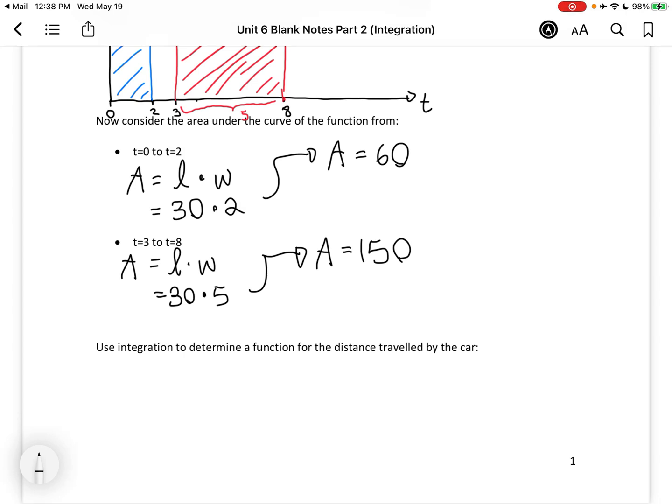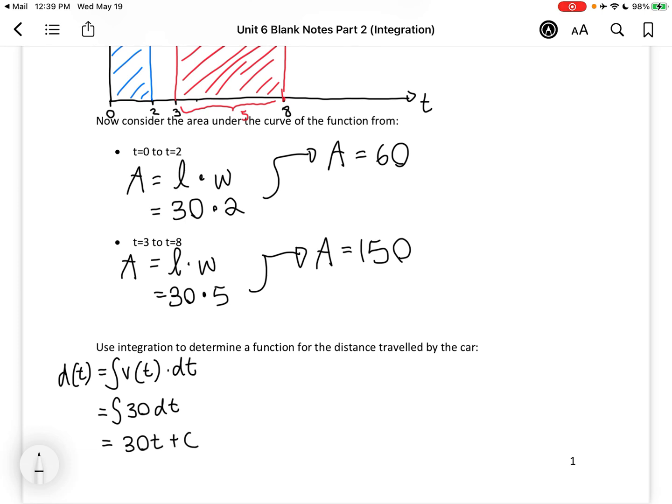We know that velocity is the derivative of distance, and so to get distance from velocity, we need to integrate. So d of t is going to be the integral of v of t dt, and that is the integral of 30 dt, and that is 30t plus c.